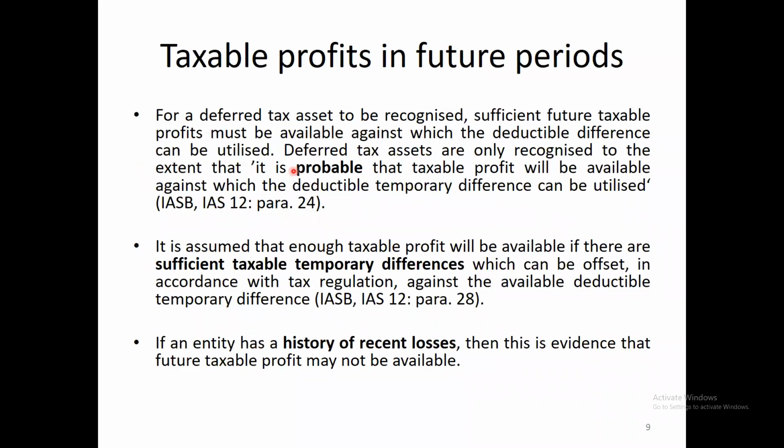Taxable profit in the future period. Taxable profit for the deferred tax asset, right? So I told you earlier, you have to assess the future potential of making taxable profit. For a deferred tax asset to be recognized, sufficient future taxable profit must be available against which the deductible temporary difference can be utilized.